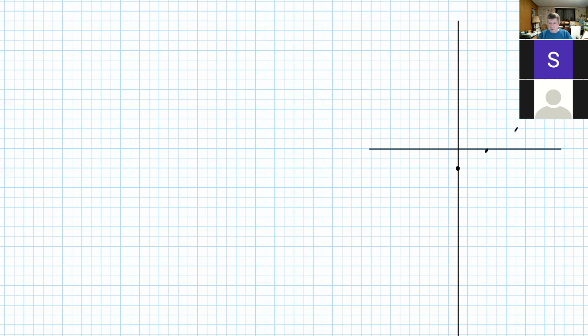And from there we can go up 2 and over 3. I can't see the whole thing, but anyway, that's what the line would look like. Any questions on that?